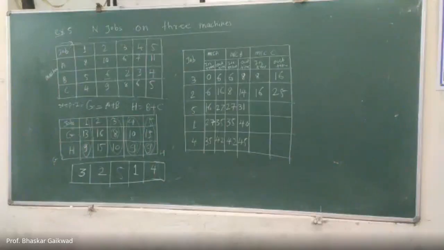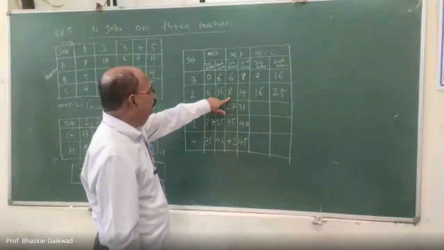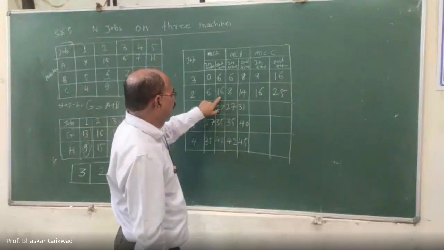Sir, in machine B, in the second row, the second job, we took 8 as in-time, but we should take 16, no, because it is the maximum. Second B machine, no? Which machine? Second, sir, yeah, that one. 6, 8. Here we took 8. 16 is here.